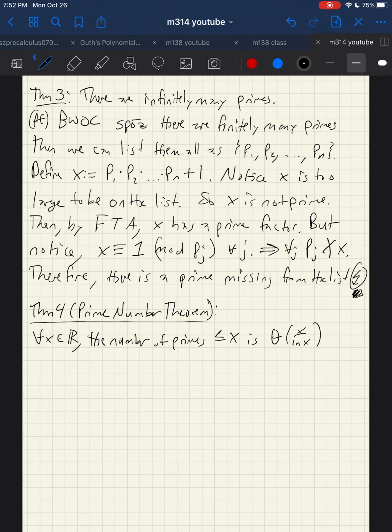I just want you to think of this as an estimate for roughly how many primes we have. So if I say x is 1,000,000, we've got roughly 1,000,000 over natural log 1,000,000 primes.